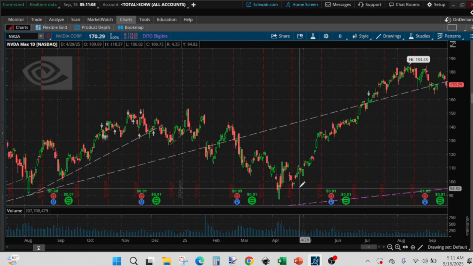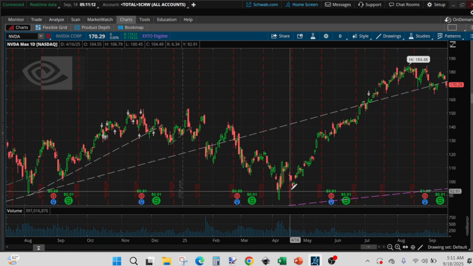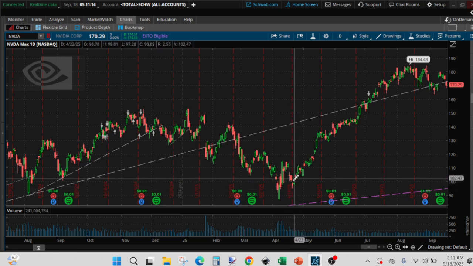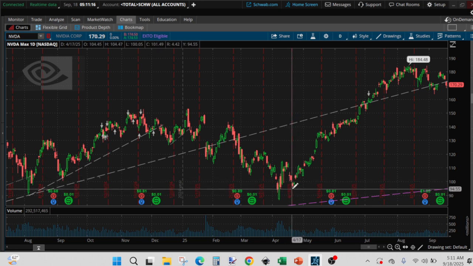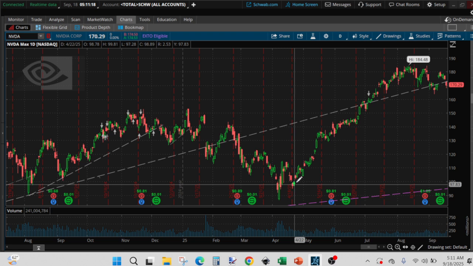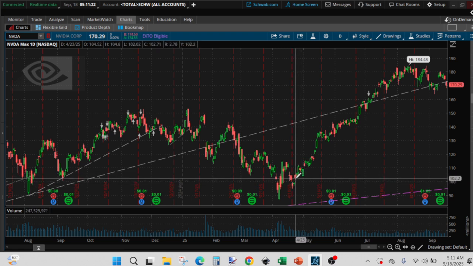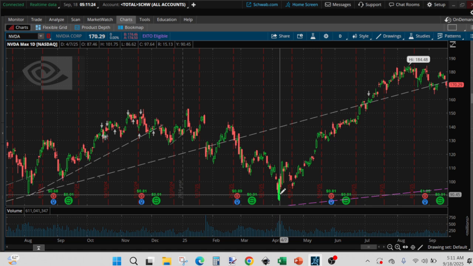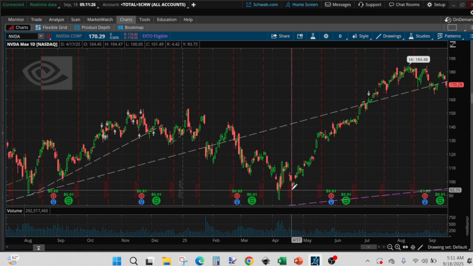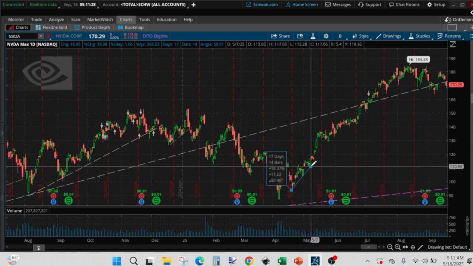I tend to compare the red bars, but sometimes if the green is longer, I will use it as well. And this low is higher than this low. You want the green bar between them, and this low is higher than this one. So from this point, you can trace.